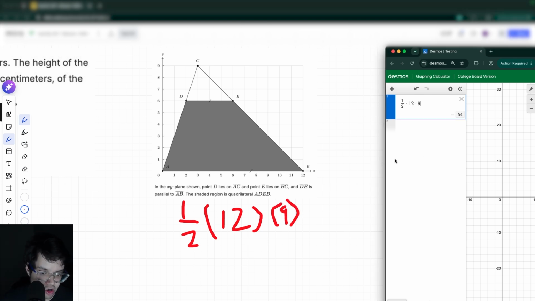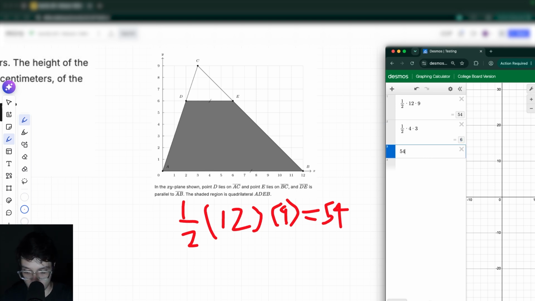If I put that into Desmos, I can see 54 is the answer. And now all I need to do is find the area of this smaller triangle at the top. So pretty much similar stuff, 1/2, and then the base of that one would be 1, 2, 3, 4, so 4, multiplied by the height 3, so that would be 6. Then I can just go ahead and do 54 minus 6, so the answer is 48. So this thing here must be 48 by extension.